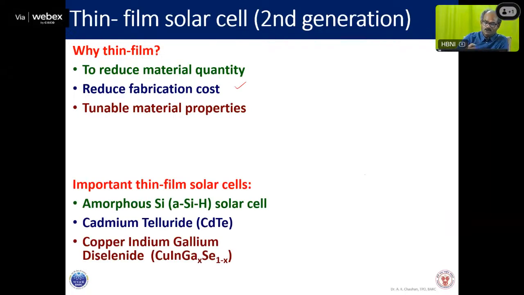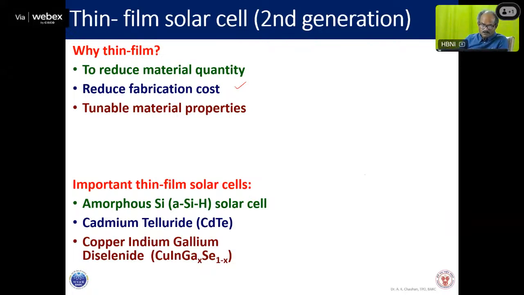Then you have tunable material properties, because when you have a very thin film, many 2D rules apply as compared to long range 3D order, because in that particular direction the long range 3D order is not that prominent. 3D means three dimensional.